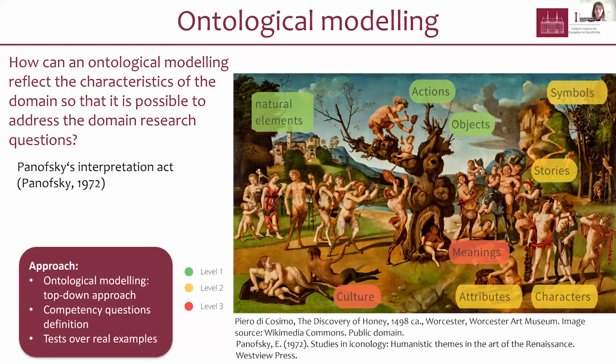And if the observer knows the standards for representing iconographies used by the artists at the time, they can recognize also the symbols, the stories, the attributes, and the characters and their meanings. And as we've seen here, it would be the discovery of honey, and all the related meanings, paysage, moralité, and so on.